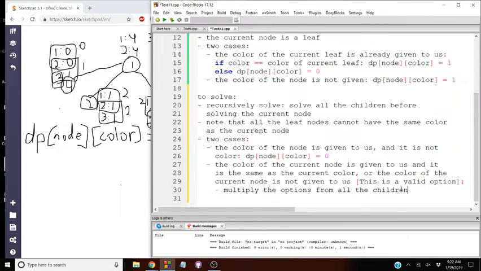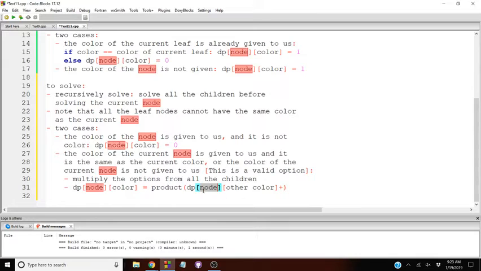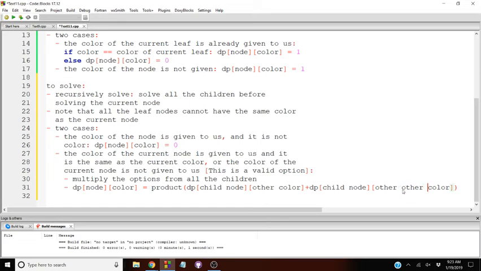Okay, so just to write the formula really quick. I'll put all the other colors, I mean, just another color.